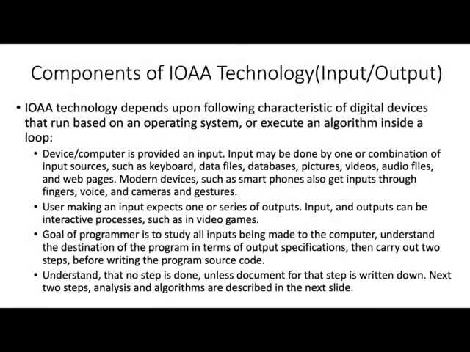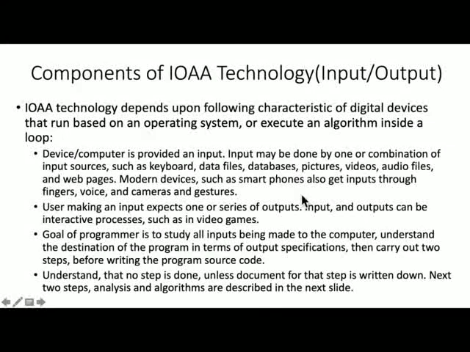So what are those steps? Understand that no step is done unless the document for the previous step is written down. The next two steps are analysis and algorithm, and we describe them in the next slide.